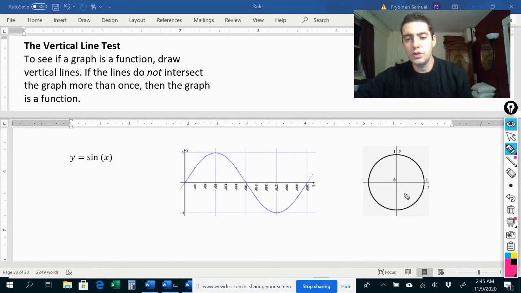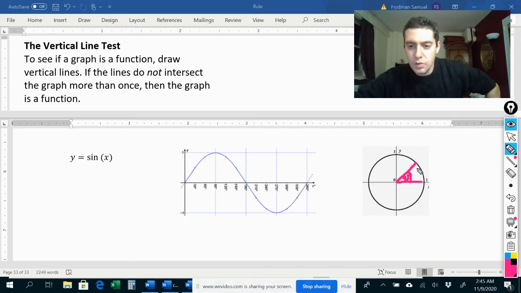So what we would do here is we would imagine taking a line here, and let's say this angle is 45 degrees. Okay, so that's a 45-degree angle between this line and the x-axis over here.